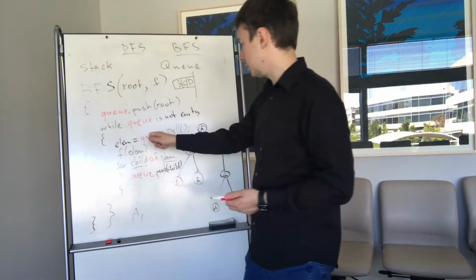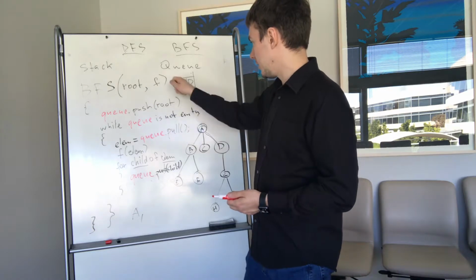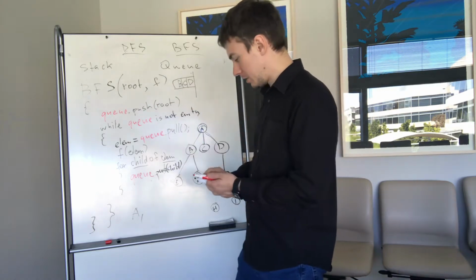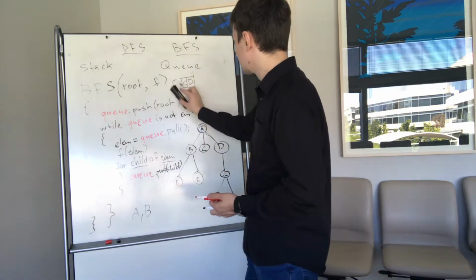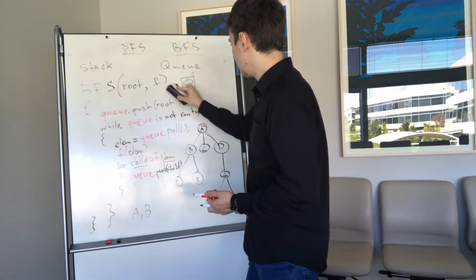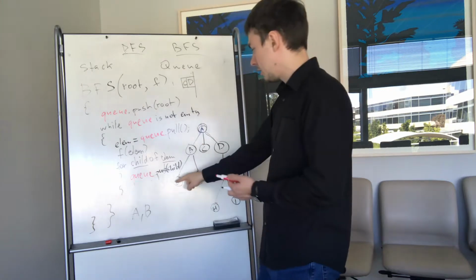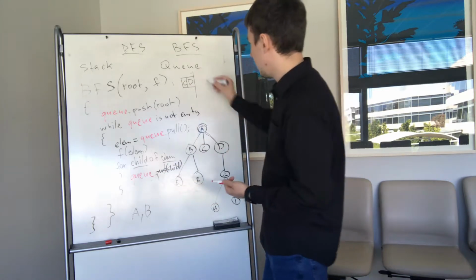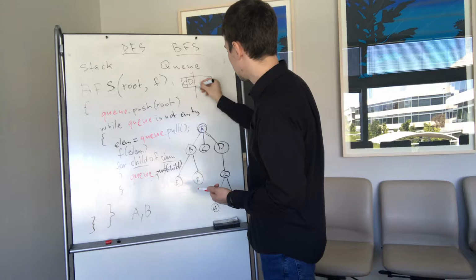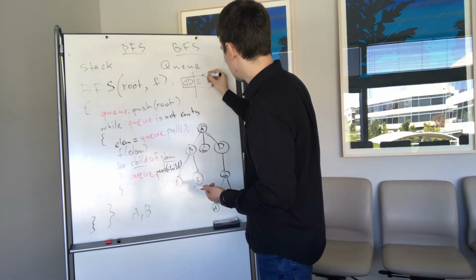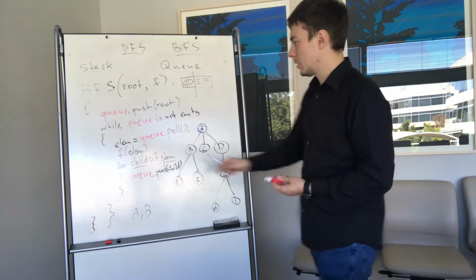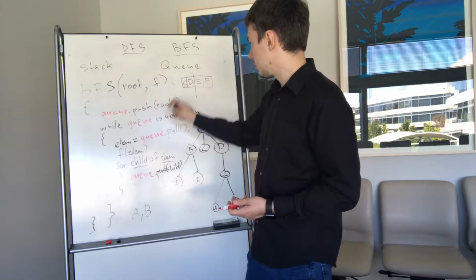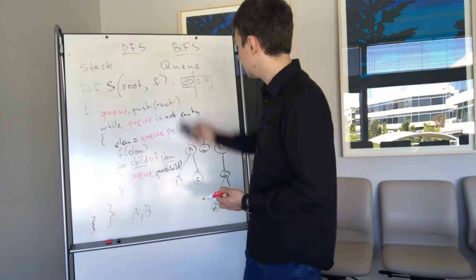Then we go here and pull the B element and print it. Now our Q looks like this, and we add E and F elements to our Q. After that, we go in here and pull C and print it.